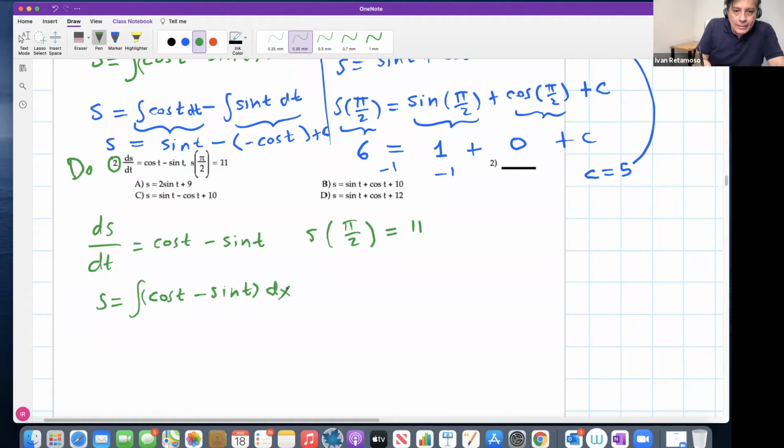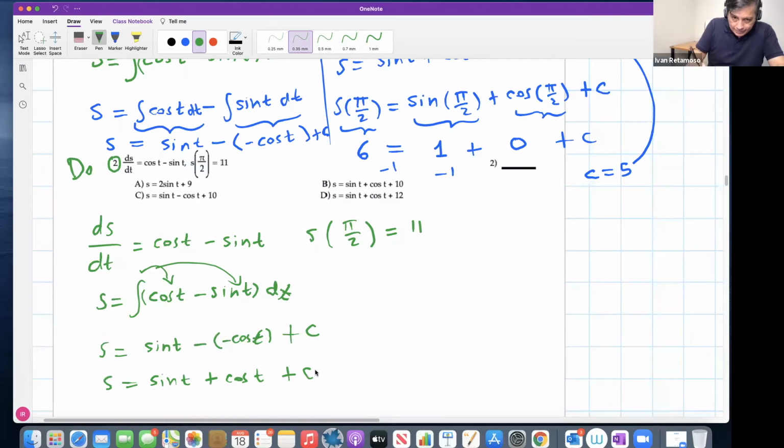When you distribute, it is the integral of cosine, which is sine, minus the integral of sine, which gives minus cosine, of t, and plus a constant. But this ends up being sine of t plus cosine of t plus a constant.